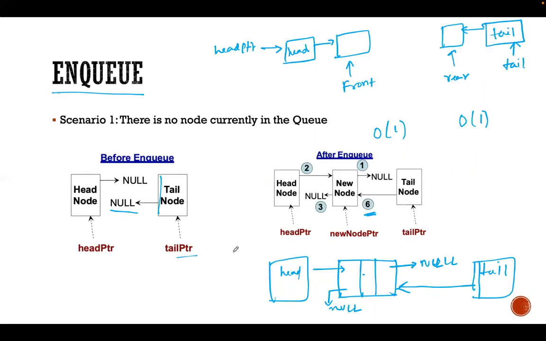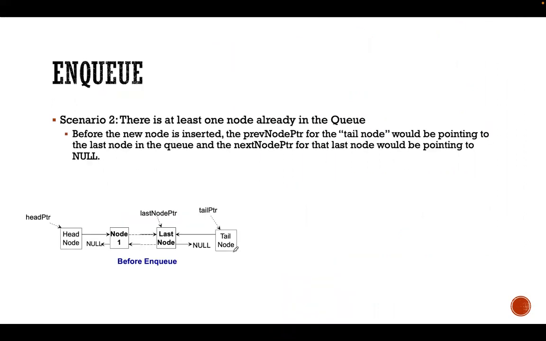Here we are going to see another scenario, where there is at least some node in the queue. Before we insert the new node, the previous pointer of the tail node is pointing to the last node.